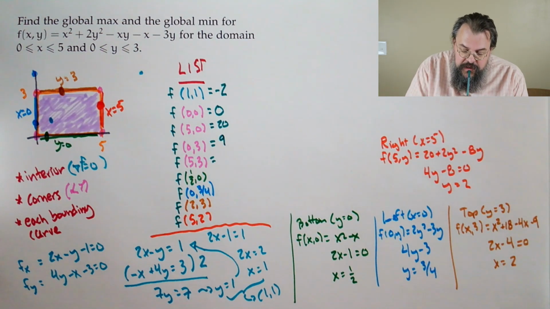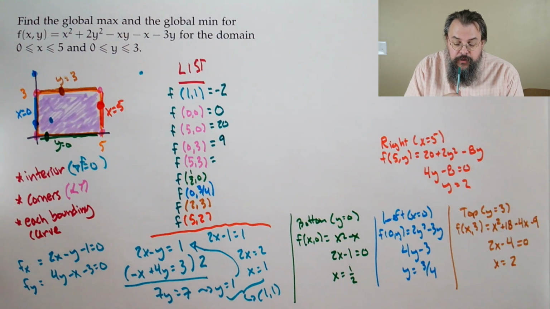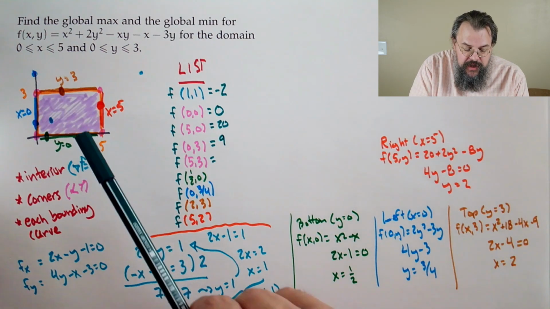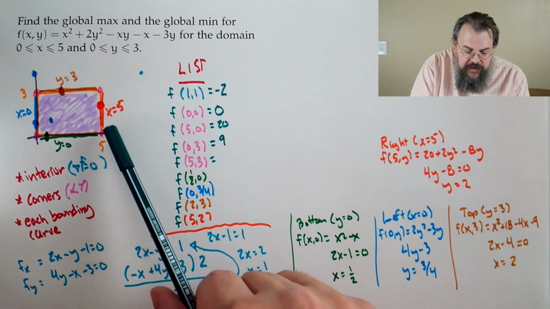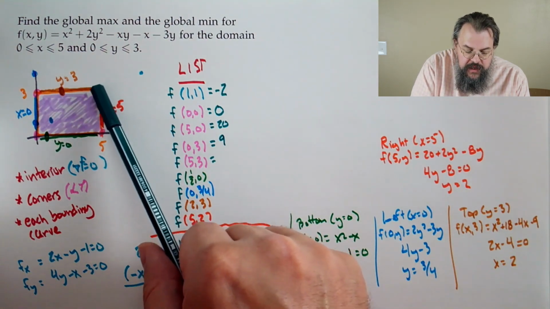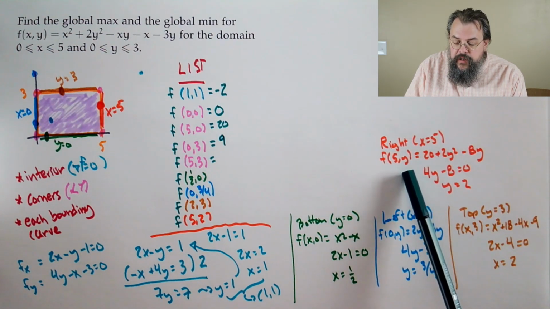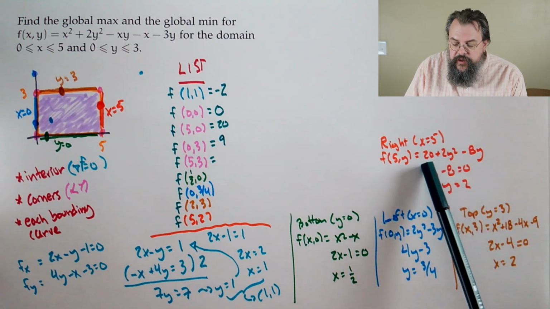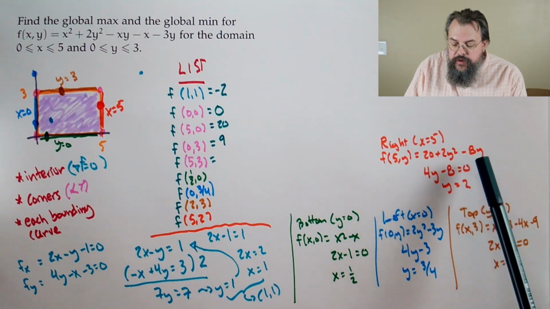Well, what can we do? We have to be patient, or we can make it a little bit easier on ourselves. Let's take the right-hand curve. So (5, 3) is in that corner, and I can go into the right-hand curve and plug in y equals 3. So it's 20 plus 2 times 9 is 18, so 38 minus 8 times 3, which is 24.